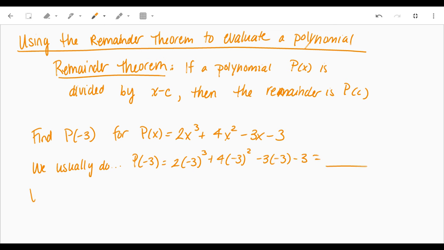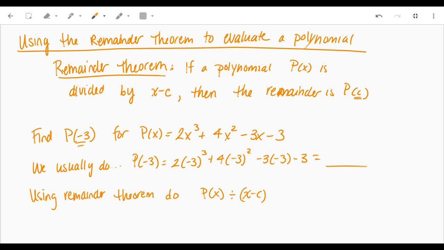Okay, using the remainder theorem, do P of x divided by x minus c. Notice that c is negative 3 in this case, so x minus c would be x minus a negative 3.